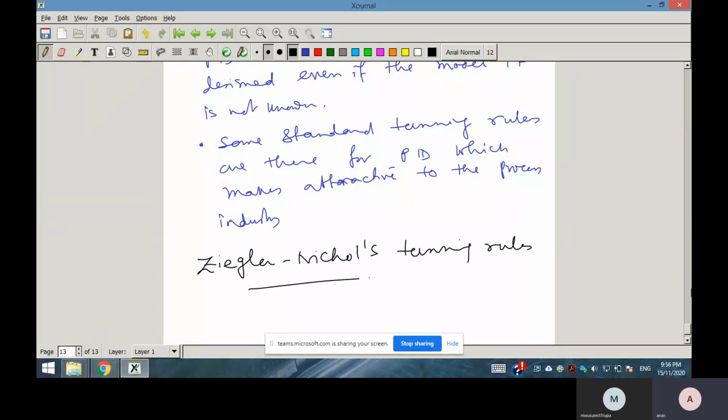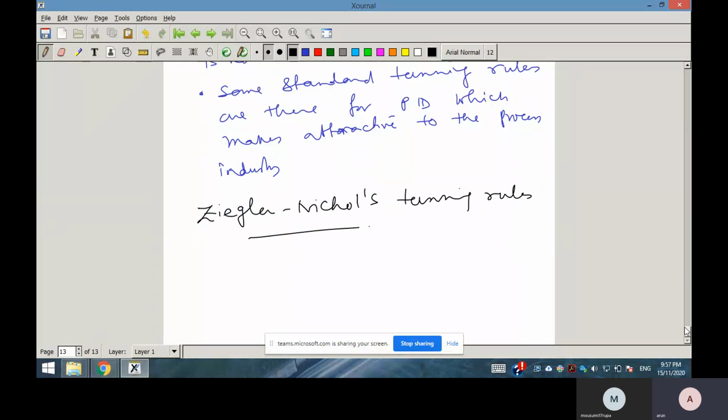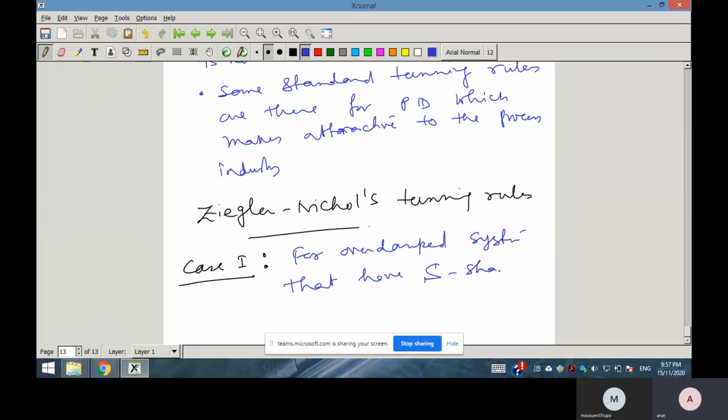So what are the Ziegler-Nichols tuning rules of PID? There are two cases. Case one is for overdamped systems that have S-shaped open loop characteristics, open loop response.